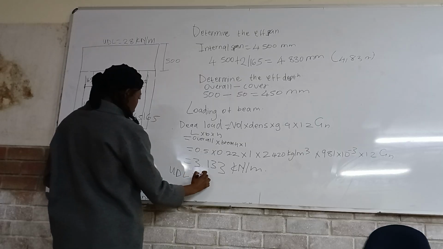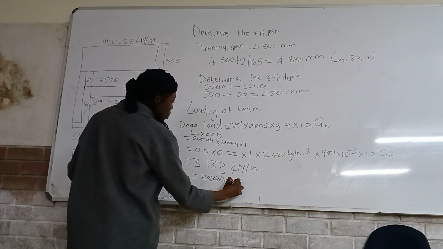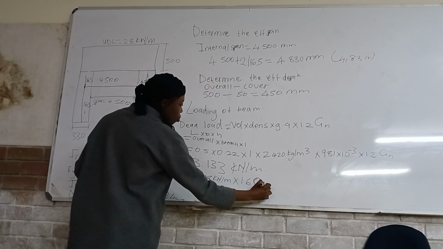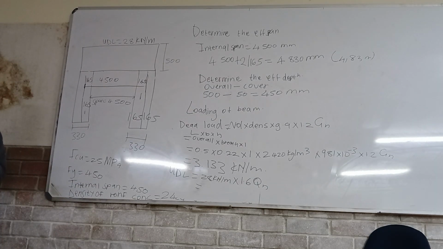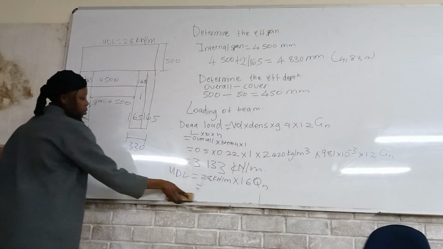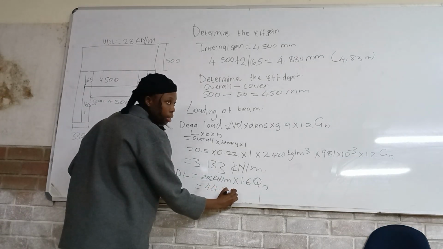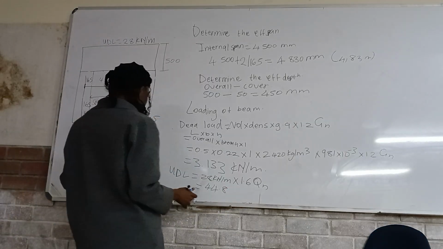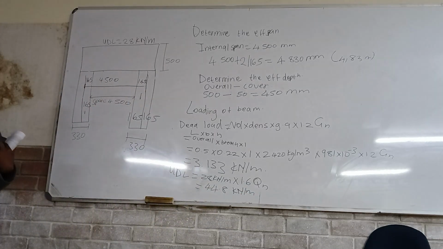Times 1.6 gamma Q. They gave us 28, so it's 28 kilonewton per meter multiplied by 1.6, giving 44.8 kilonewton per meter.